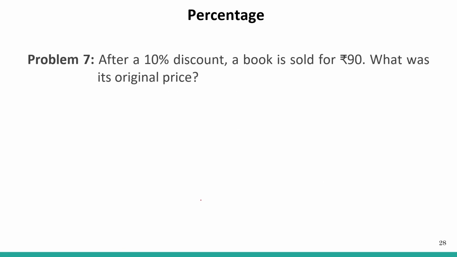So let's see problem number 7. Problem number 7 tells us that after a 10% discount, a book is sold for 90 rupees. So after the 10% discount, the book price is equal to 90 rupees. What we need to do is calculate the 100% or original price.